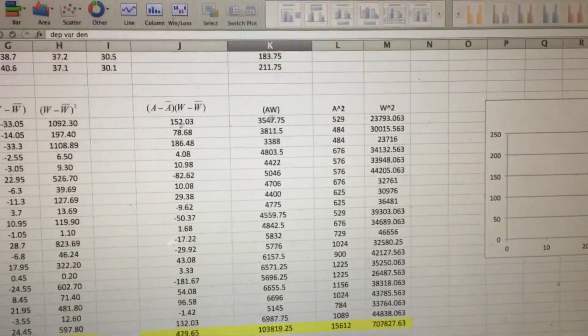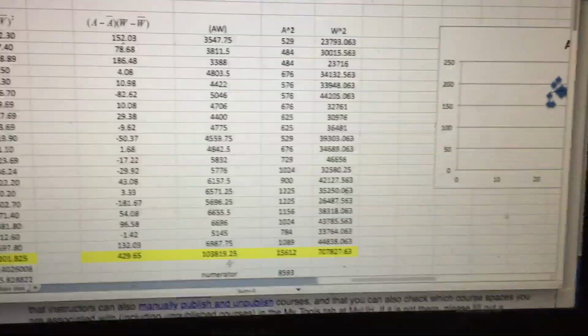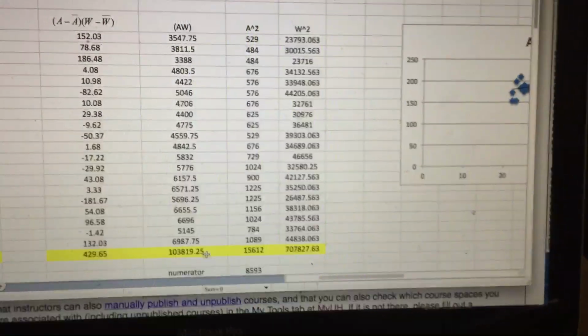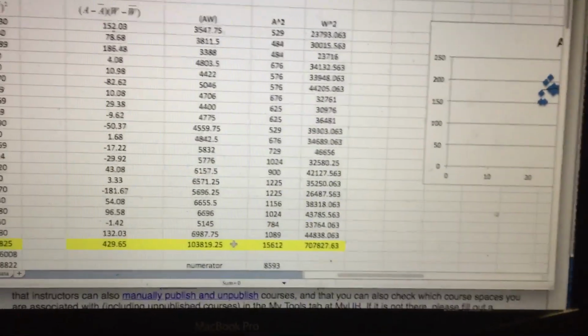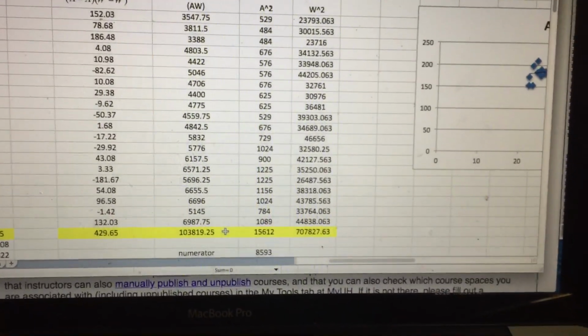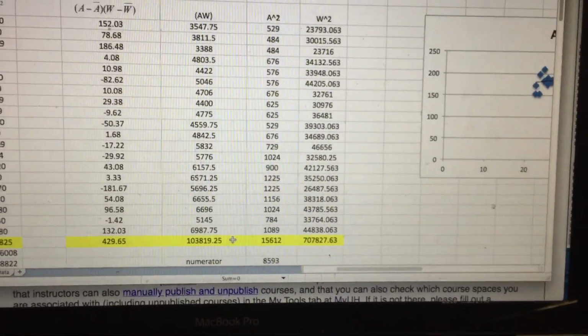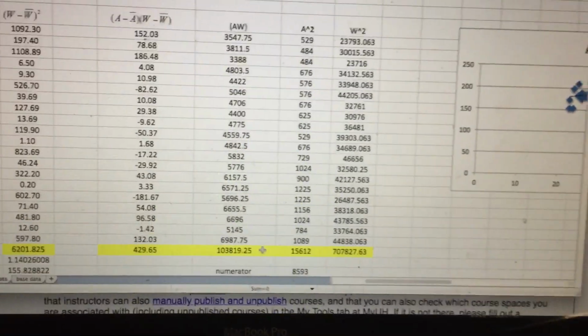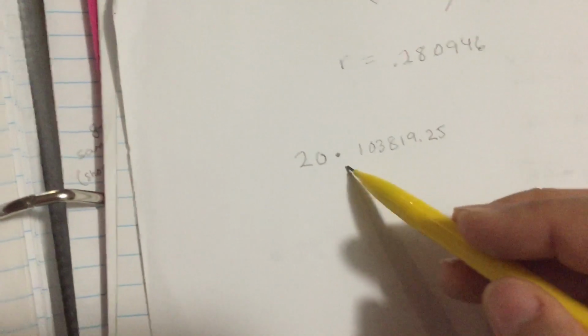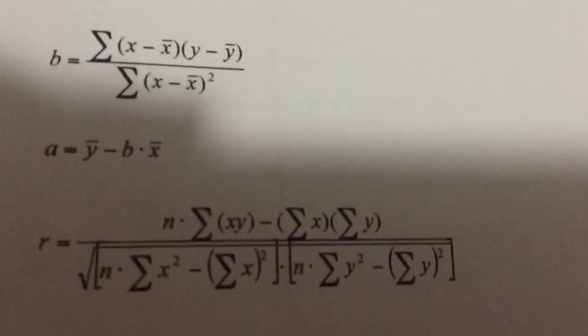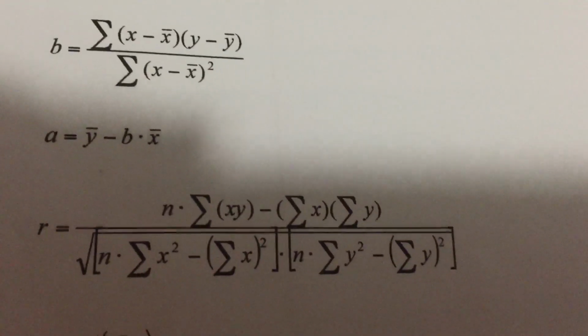We multiplied each one of these, and then we added it all up. So what is the total? The total is 103,819.25. Okay, so that's 20 times this number, and then it says we need to minus the sum.